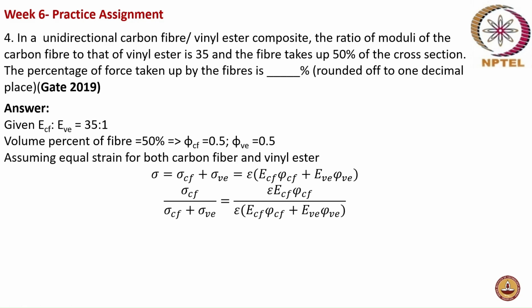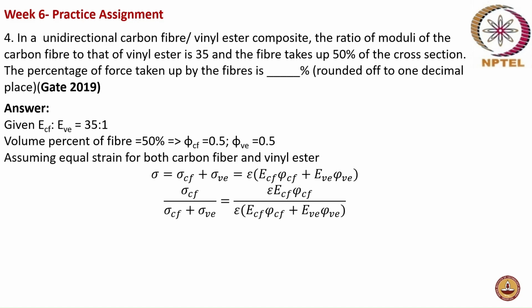Now, they've asked the percentage of force taken up by the fibers, in percentages. For calculating that, what I have done is that first I have taken the ratio of the carbon fiber stress to the total stress.